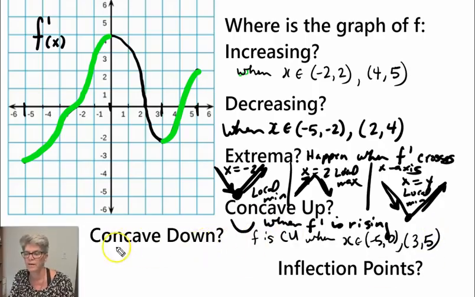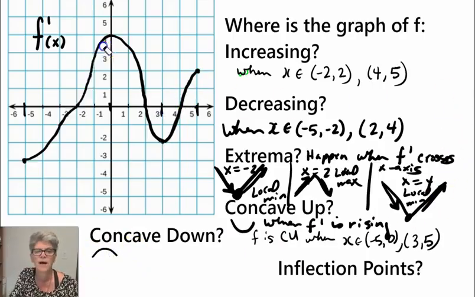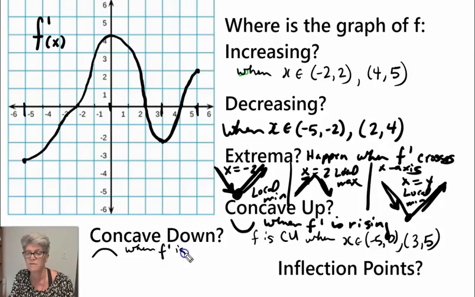Now, where is the graph of f concave down? Concave down is a frown on the graph of f. So how can I tell that from the derivative? It will be concave down when the graph of the derivative is falling or decreasing.